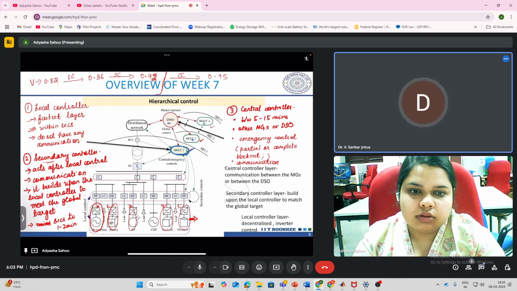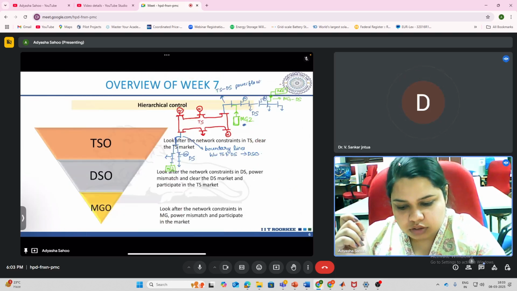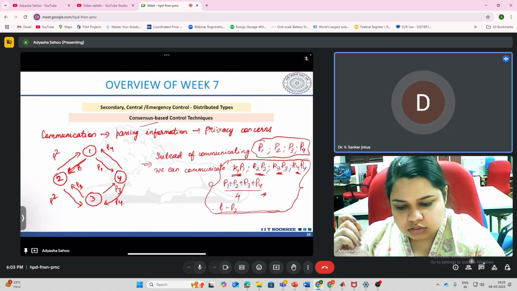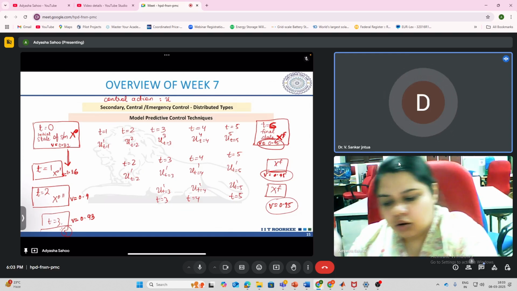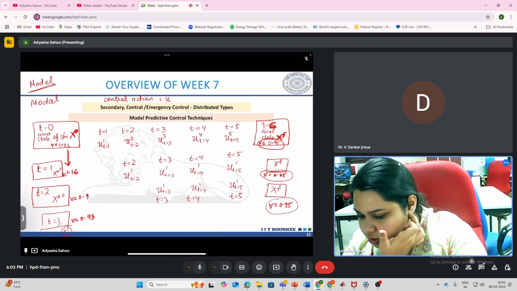Yes, sir. Model predictive control. Yes, yes. Oh, modal and modal analysis. So this is model, not the modal analysis.